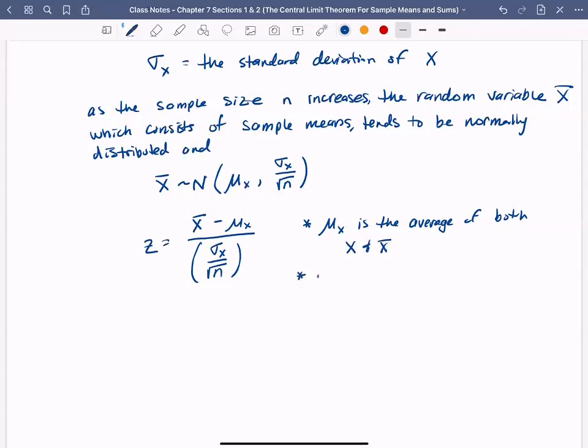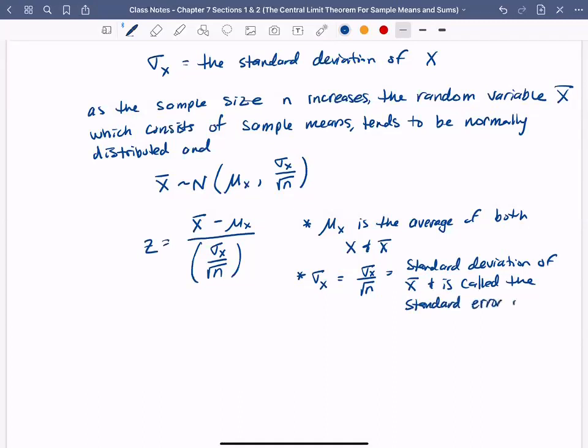Then I also want to let you know that sigma sub x divided by the square root of n is the standard deviation of x bar and is called the standard error of the mean.